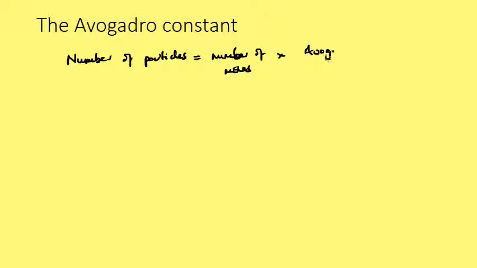If we wanted to know the number of particles in a sample, so they might be atoms, molecules, ions, whatever, the number of particles is equivalent to the number of moles times the Avogadro constant, which you'll remember from the previous slide is 6.02 times 10 to the 23.